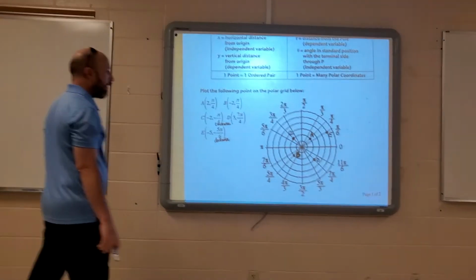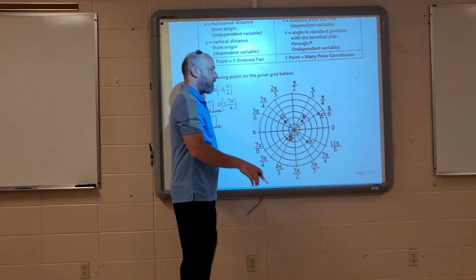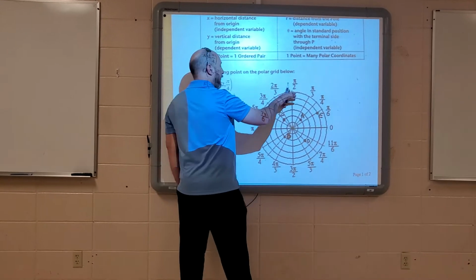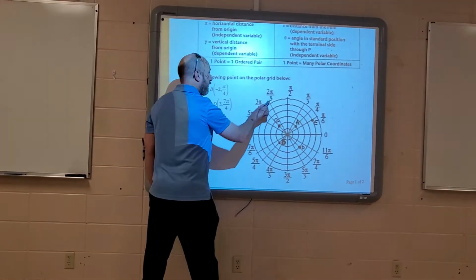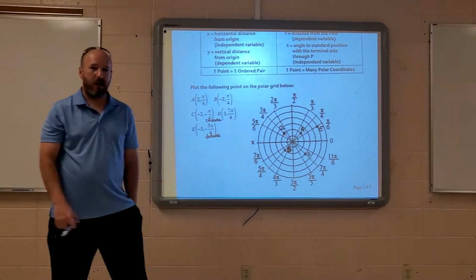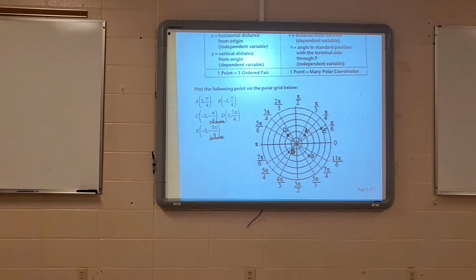You can also go the other way. Remember, on the unit circle, positive angles went this way, negative angles went this way. You can define it as a positive or a negative angle.